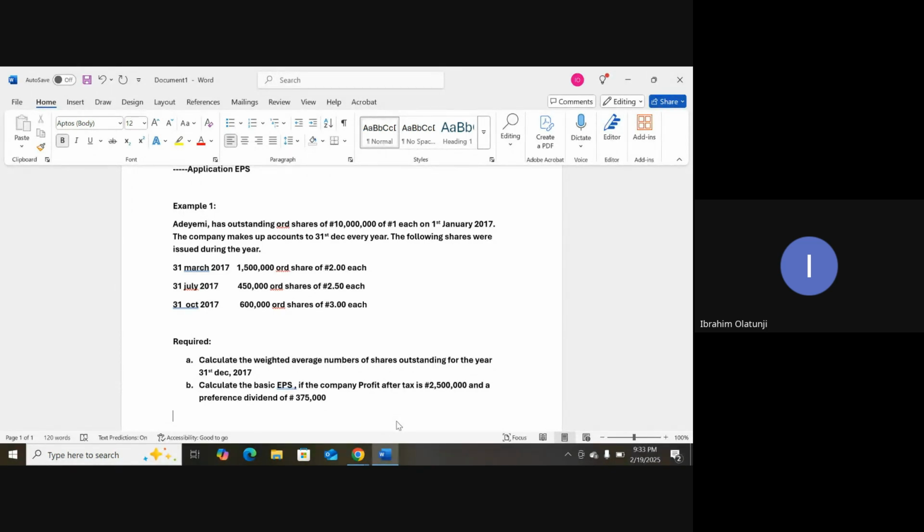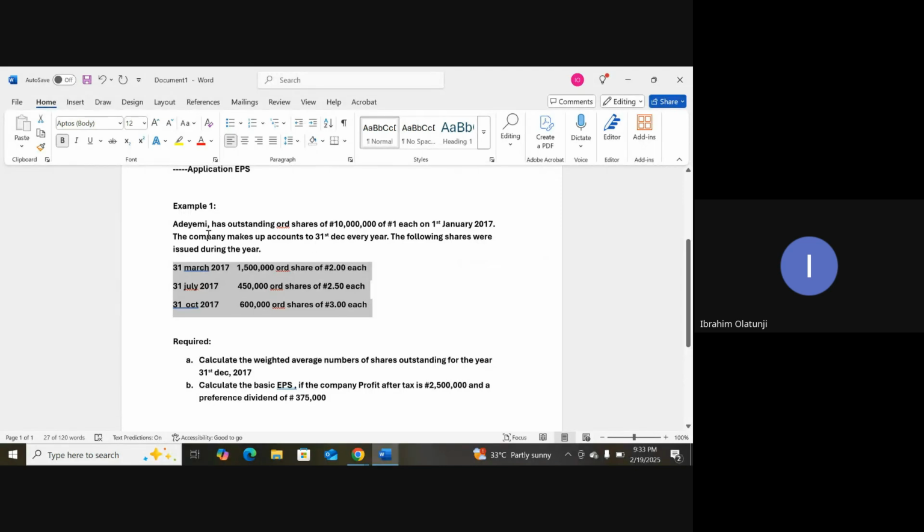If we are to calculate that, you look at the existing shares, that is, before the new shares were issued. The following shares were issued during the year, so these are the new shares.